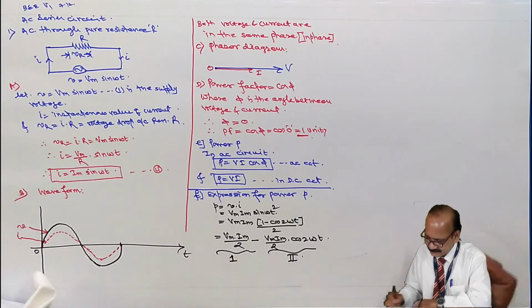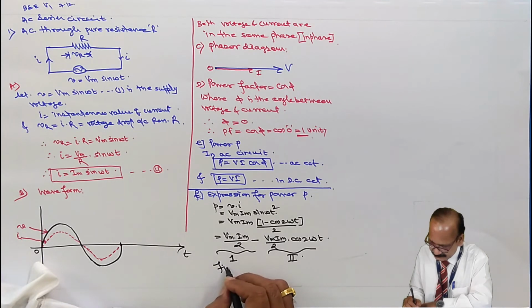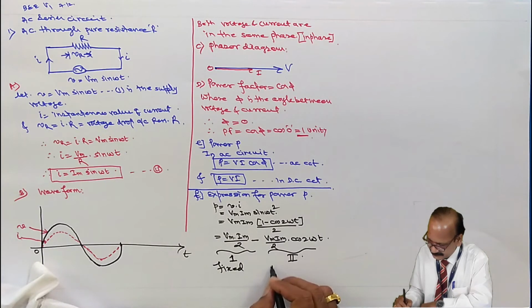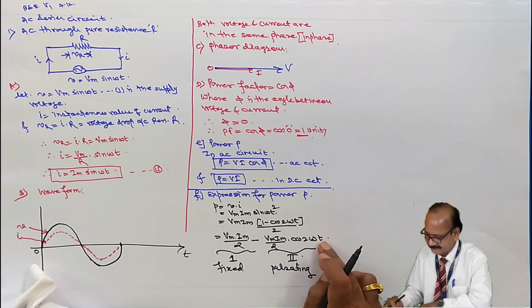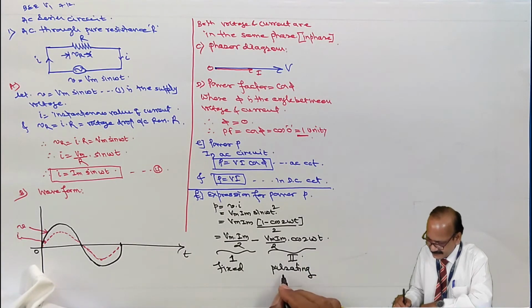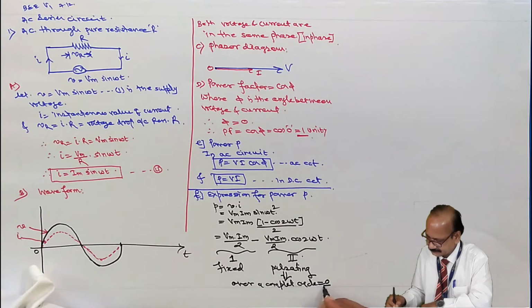And the second part is pulsating. This is fixed, and this one is pulsating. Pulsating means varying with time t, and its value over a complete cycle is equal to 0.